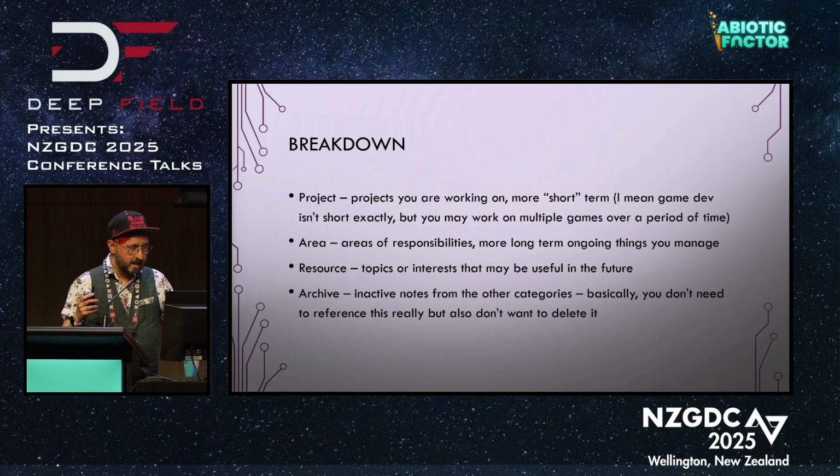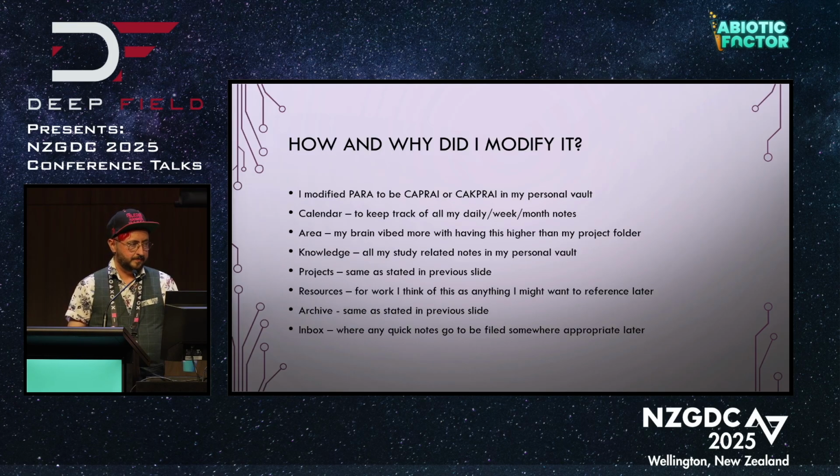Whereas area is more long-term, ongoing things that you manage. So I'll talk more about examples of what might fit into area in your day job or your game dev life. Resource, topics or interests that may be useful in the future. And archive, just inactive notes from other categories. You don't need to reference it anymore, but you don't want to delete it.